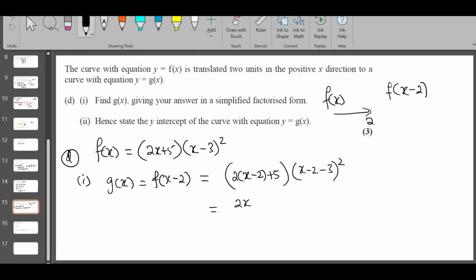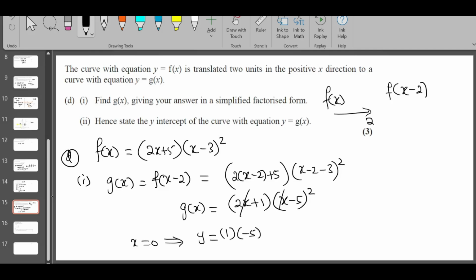That's going to be 2x minus 4 plus 5, and then x minus 5 whole square. Hence find the y-intercept of g of x. So when you replace x by 0, this is 0, this is 0. So 1 times minus 5 whole square is 25. That's the answer for part II.